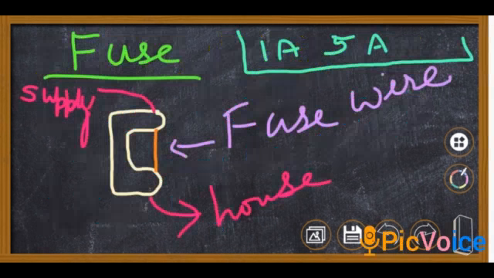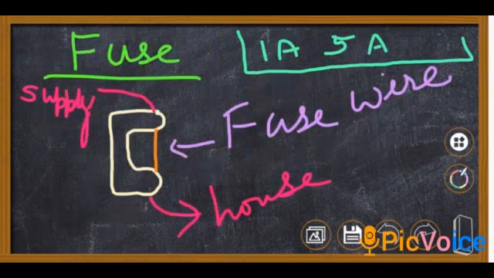The one in cream color is the cartridge of the fuse, and the brown color is the fuse wire. The current comes through this supply line shown in pink, then goes through this brown wire, the fuse wire, and then goes into your house circuit. So via the fuse wire the current comes into your house.